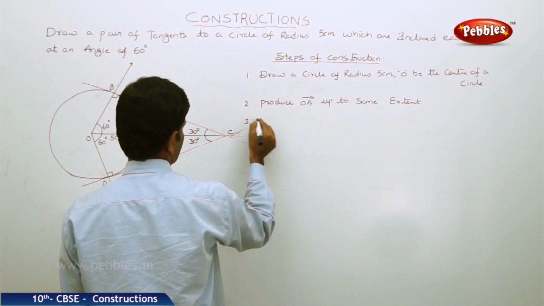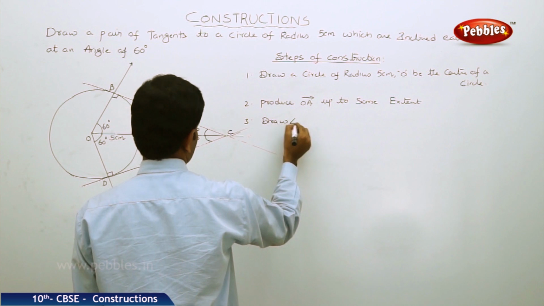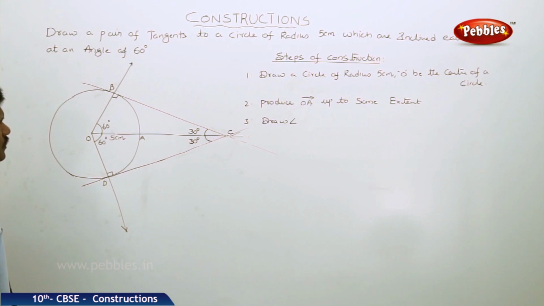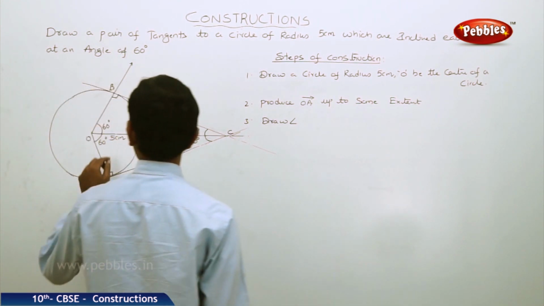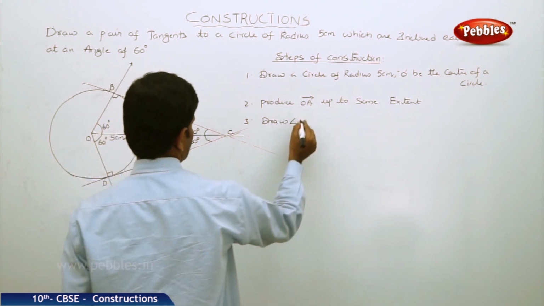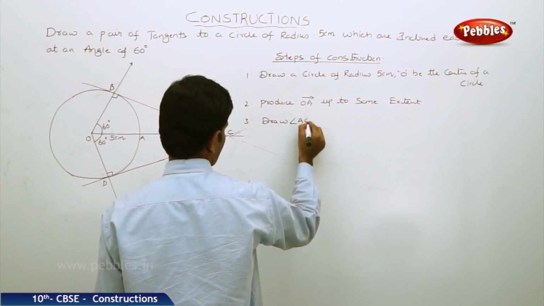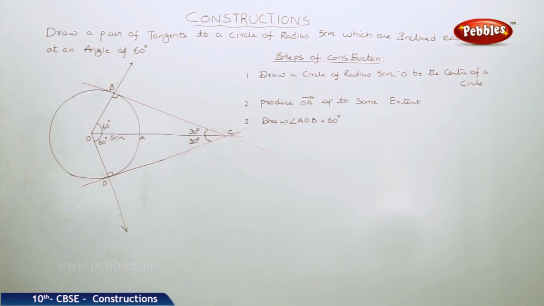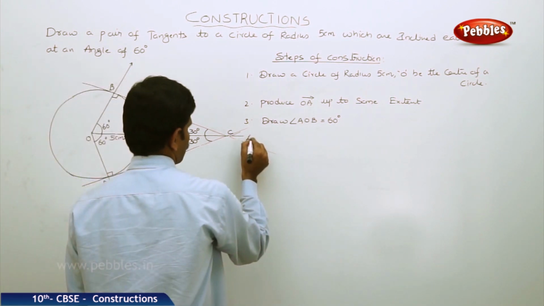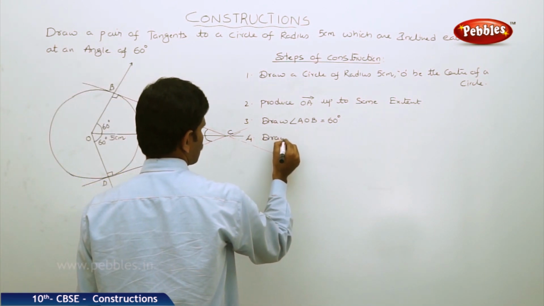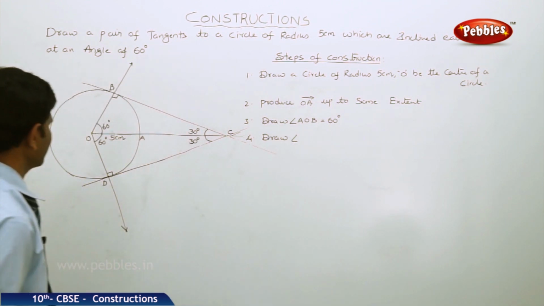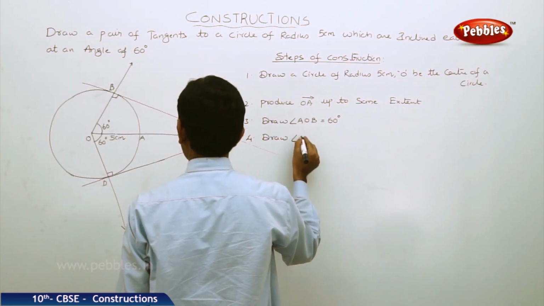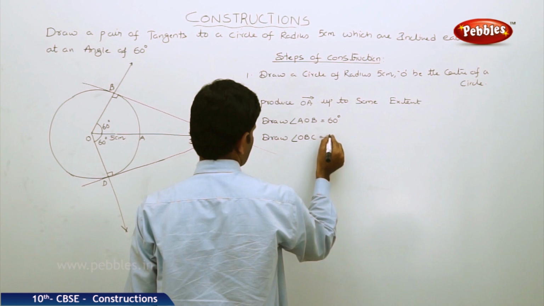Now, draw angle AOB equal to 60 degrees. Next, draw angle OBC equal to 90 degrees.